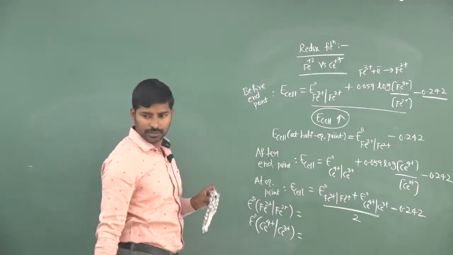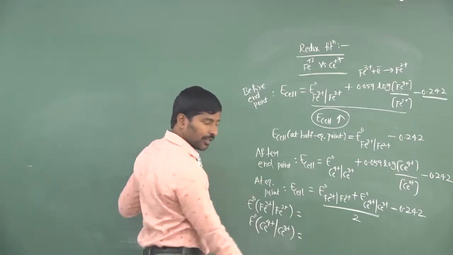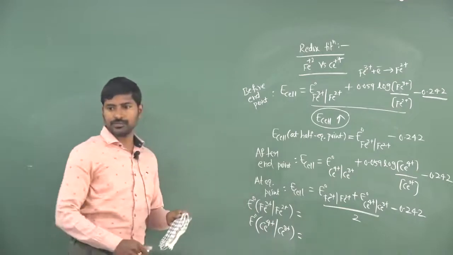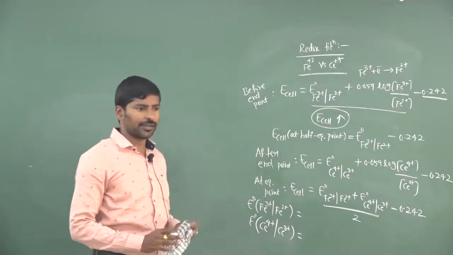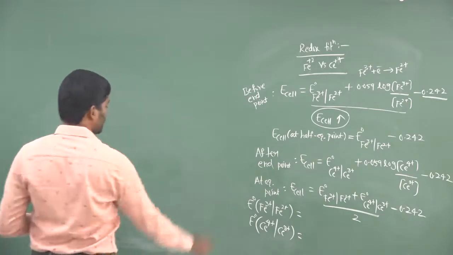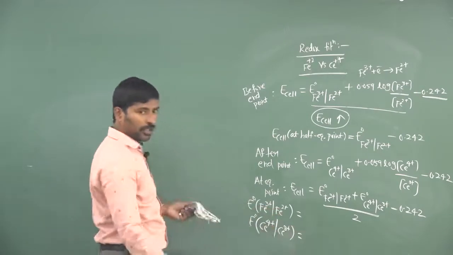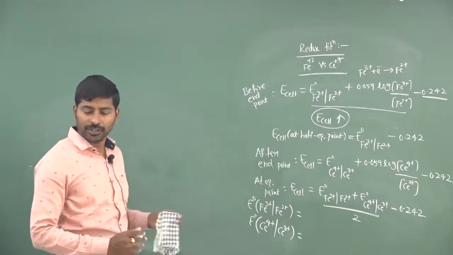There is a large difference between these two values. One is around 700, another one is around 1600. So a large difference is there between the reduction potentials of the iron couple and the cerium couple. That's why a sudden jump in the potential is observed at end point.